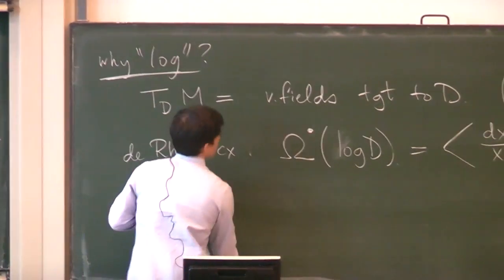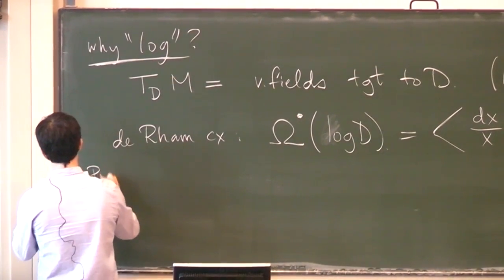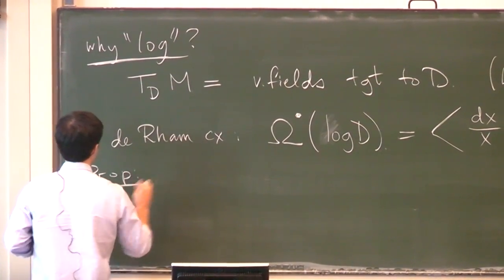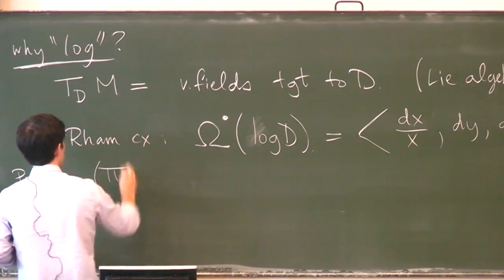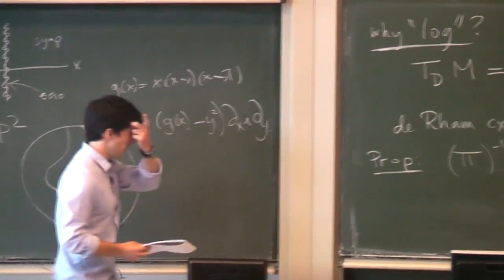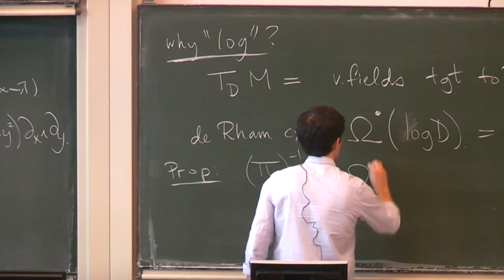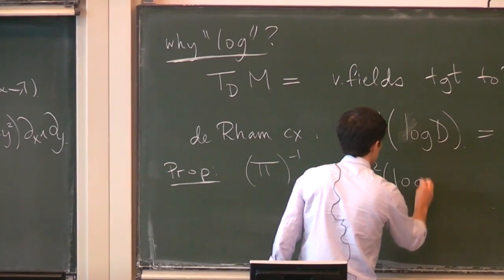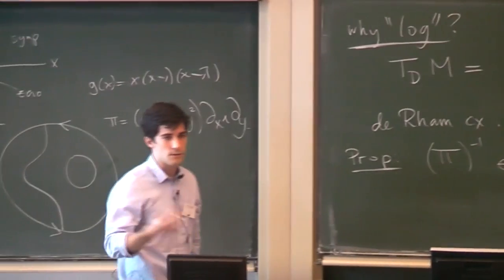The first thing that you might want to check is that pi is a bivector field on my log symplectic manifold. Suppose I invert it, this defines not a smooth two-form. It can't be smooth, of course, because pi vanishes along D, or at least the top power vanishes.